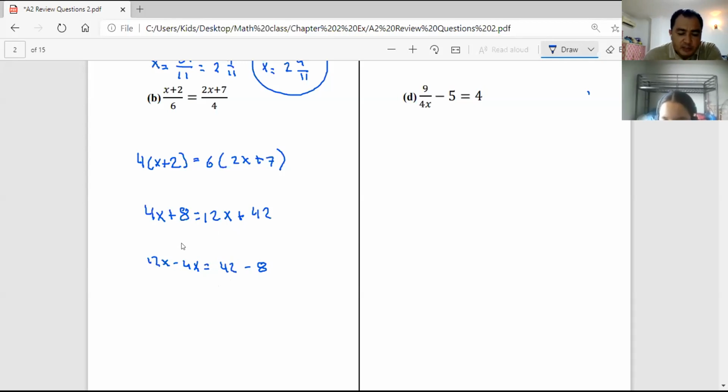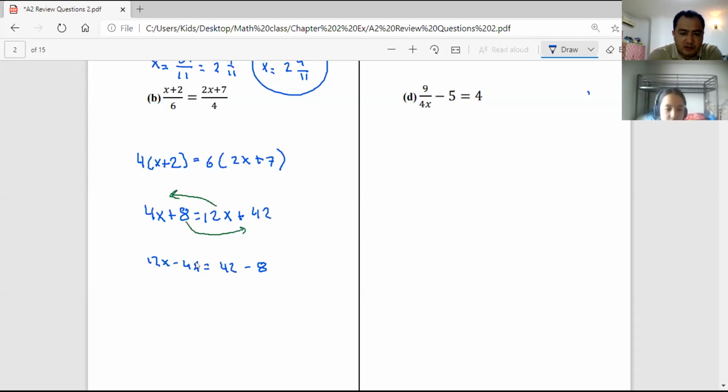If you always take the unknown to the left hand side, because now here you are taking this 4x to the right hand side and also this 8 to the right hand side. It is not correct. Here, you should take 12x to the left and this 8 to the right.